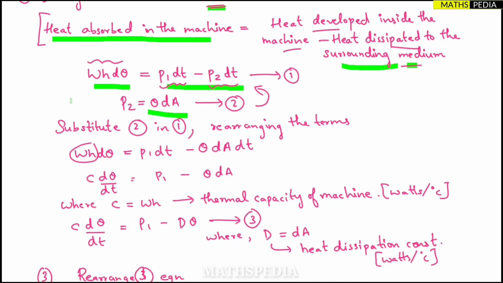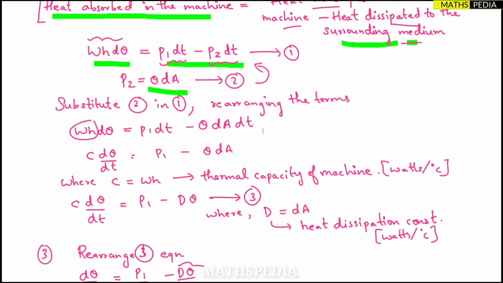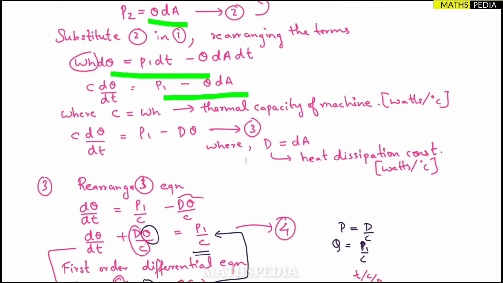So you have to substitute in the first equation and rearrange the terms, just dividing by dt. No need to show the dividing part. Then you will get this one. Whenever you are replacing some term with some other variable, you have to mention it.